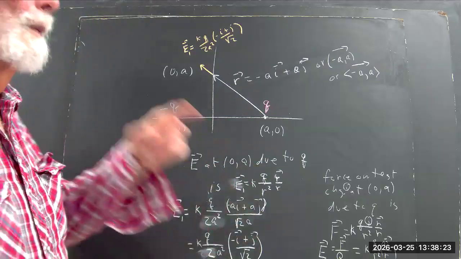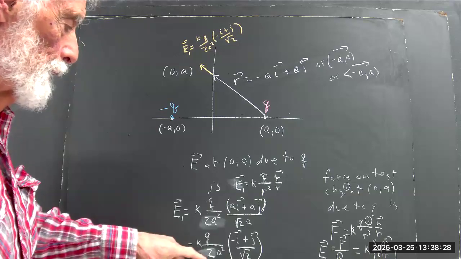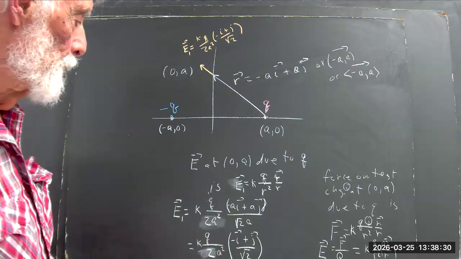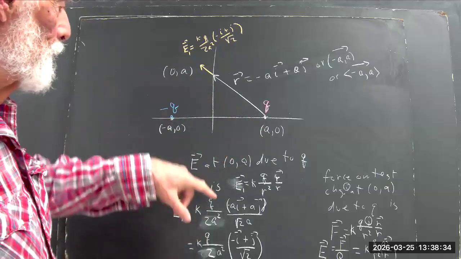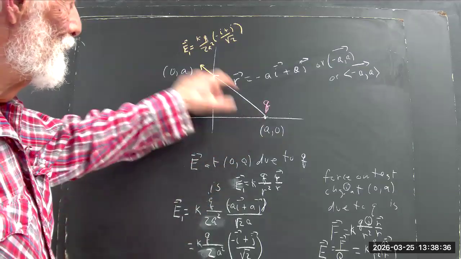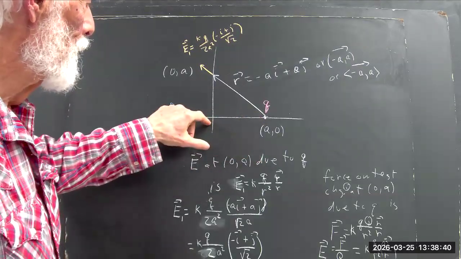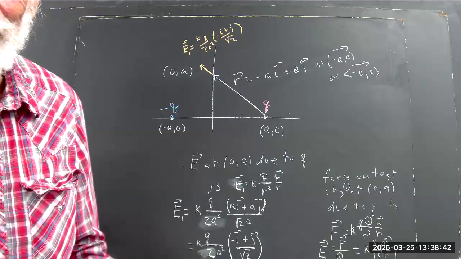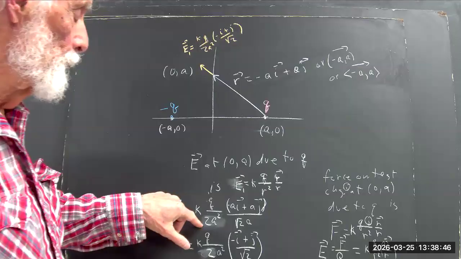But the one comment, somebody was talking about the square root of 2 in the denominator here, and the 2 here. Why is the 2 here? Why is there a square root of 2 here? Well, there's a 2 here because r squared, the magnitude of the vector here, is the sum of the squares of the two components. Pythagorean theorem: a squared plus a squared, which is 2a squared.